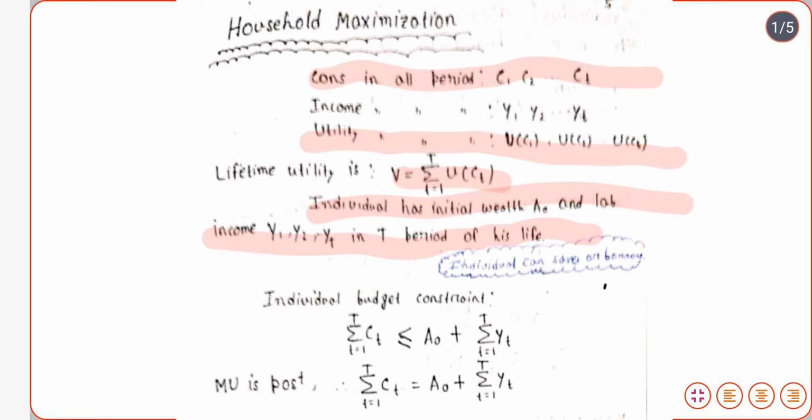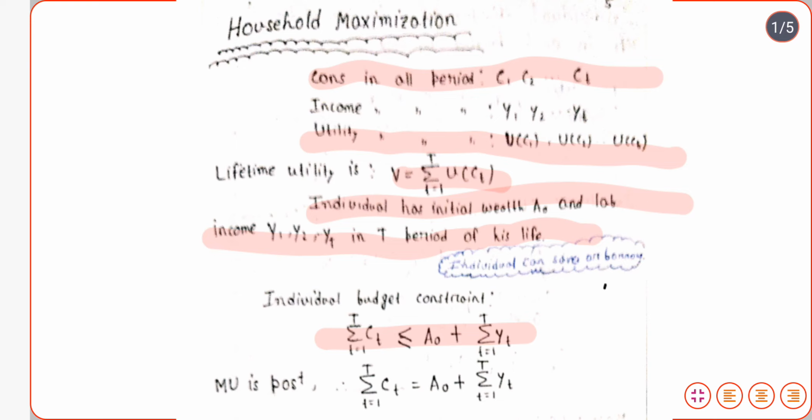Total consumption can be less than the total income, or total consumption can be equal to the total income. So we have written total consumption less than or equal to total income.